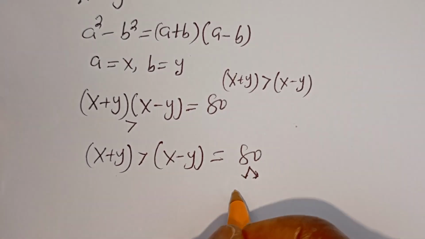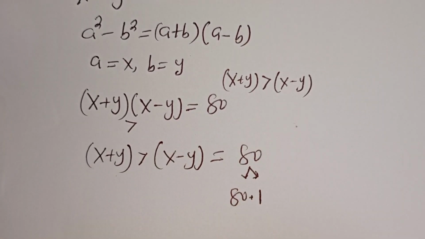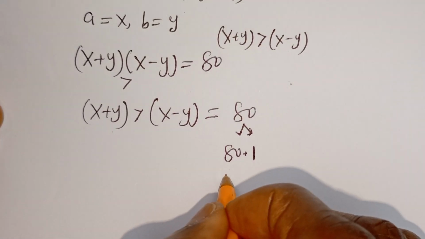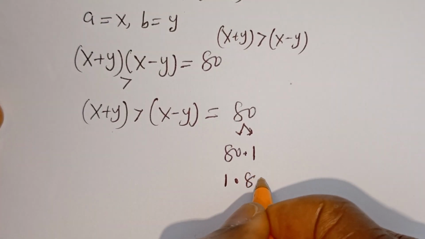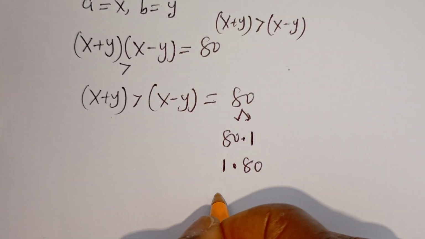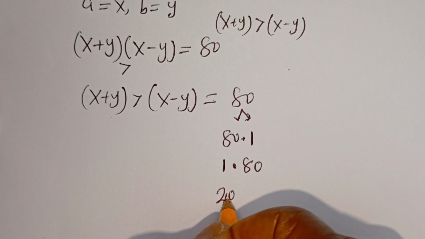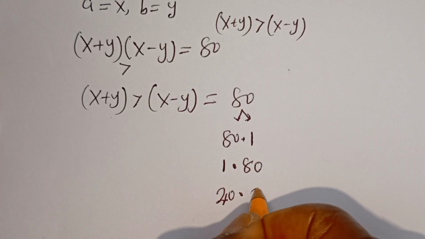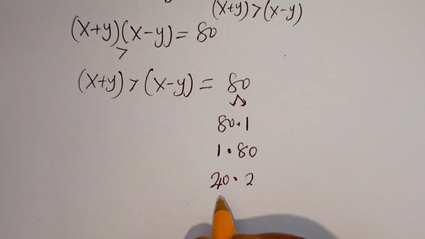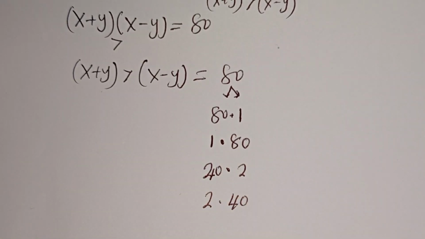Then we have 80 multiplied by 1, 1 multiplied by 80. Then 40 multiplied by 2, 2 multiplied by 40.